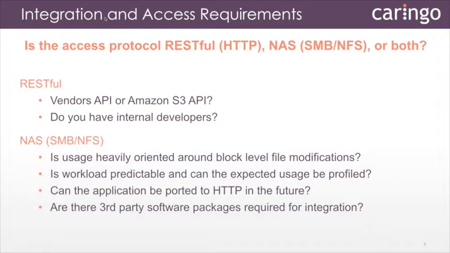Can the application be ported to HTTP in the future? That's a strong recommendation. Ultimately, you do want to cut the cord. You don't want to be caught flat-footed. You don't want to try to solve today's storage problems with yesterday's technology. So ultimately, you are going to need to make that cutover to a RESTful API.